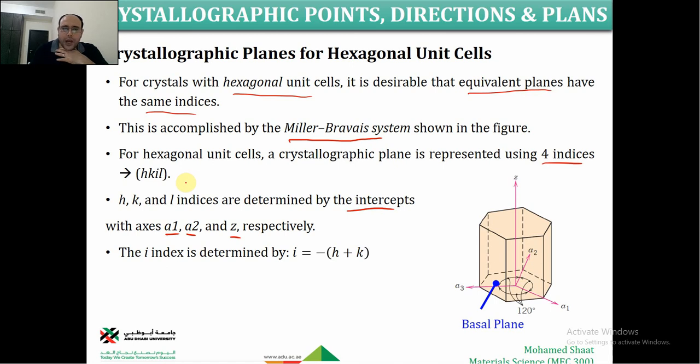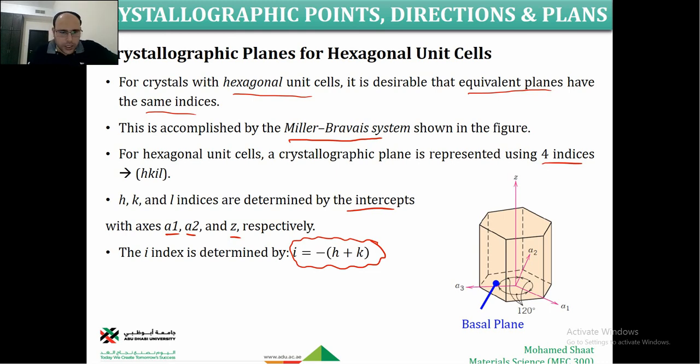But the I, by the way, is the intercept of the crystallographic plane with the A3 axis. If you are not able to identify the intercept of the plane with the A3 axis, you can directly calculate the I index from this relation: I equals negative (h plus k).